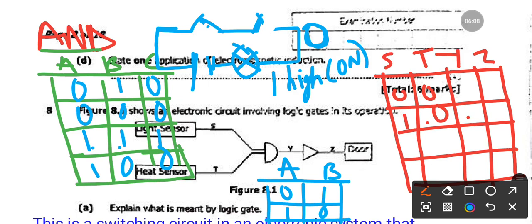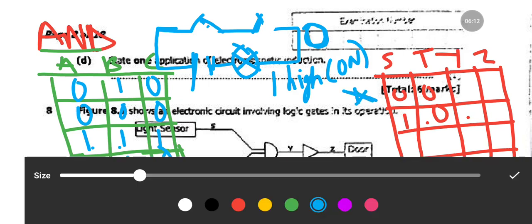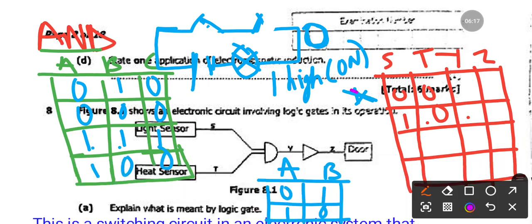Okay, the first part, let me use this color. Right. The first part, if the input at S is 0 and the input at T is 0 as well, then the resulting output at Y would be 0.